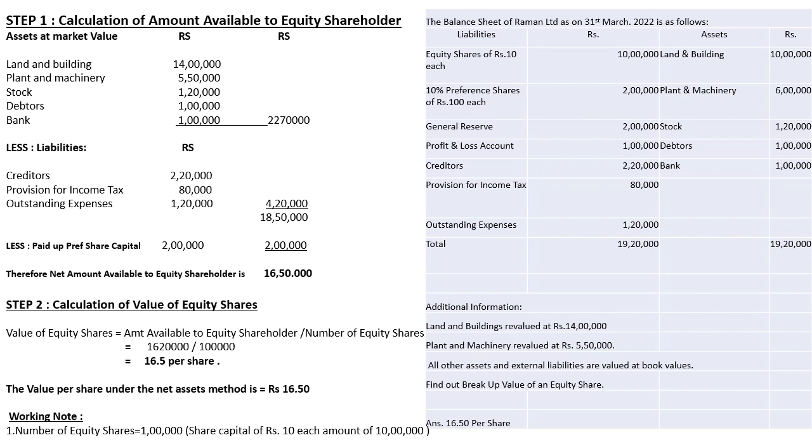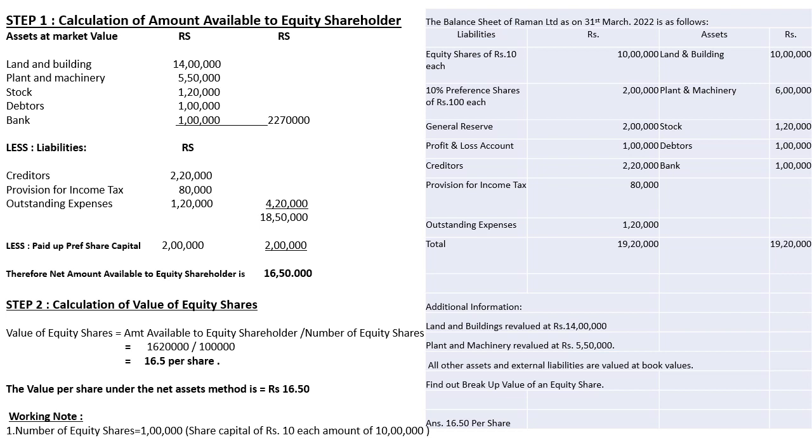So 10 lakhs divided by 10, you get the number of equity shares as 1 lakh. So 16 lakh 50,000 divided by 1 lakh, you get 16.5 per share. That is 16.50 will be your correct answer. So value per share under the net asset method is 16.50. This is the answer of your problem number 3.